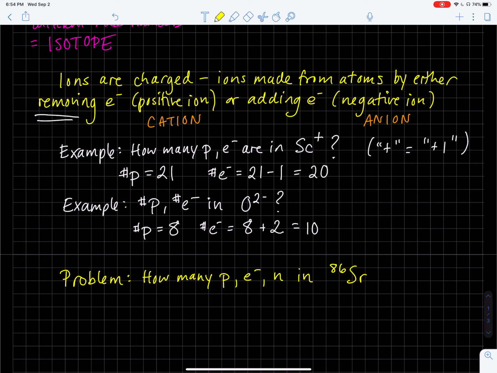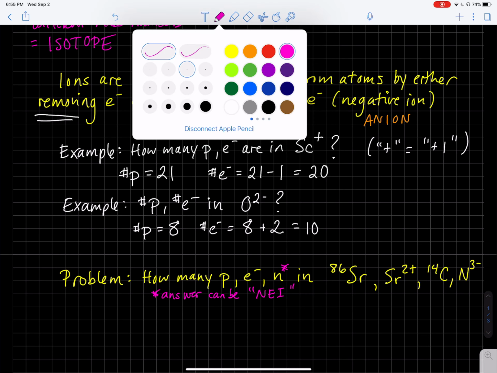Strontium 86, as we call it, strontium 2 plus, carbon 14, and N3 minus. And just as a note on the neutrons, in some cases the answer can be not enough information. Okay, so go ahead and stop the video and try those, and then come back when you're ready to see my answer.